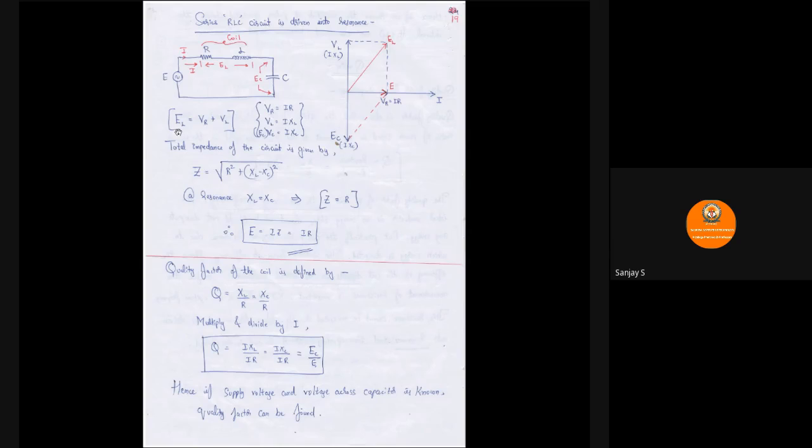The expression for E will be VR plus VL plus VC. VR is voltage across resistor given by I into R. VL is voltage across inductor given by I into XL. VC is voltage across capacitor, or EC, given by I into XC.